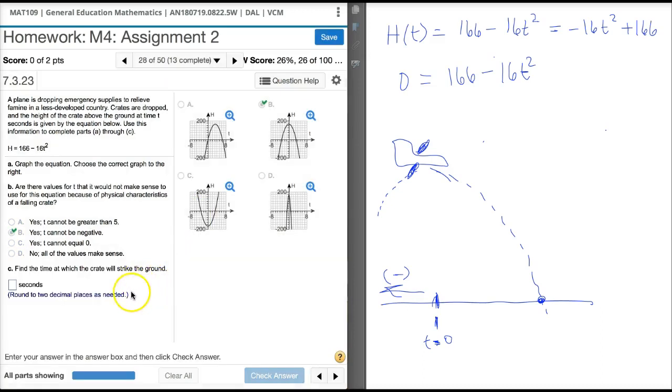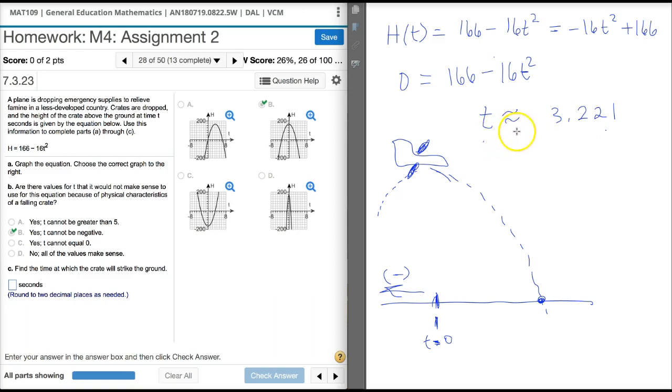All right, and so now what we want to do is find the time at which the crate will strike the ground. Well, if you notice, that's actually what we just got through doing. So when we got our answer here of t roughly being plus or minus 3.221, those were going to be the times in seconds. But of course, we would ignore the negative answer because the negative answer doesn't make any sense.